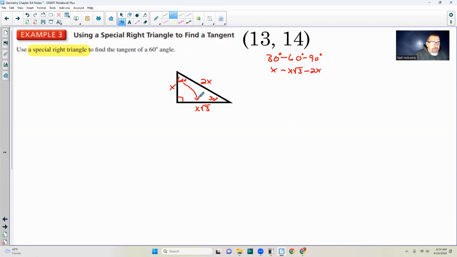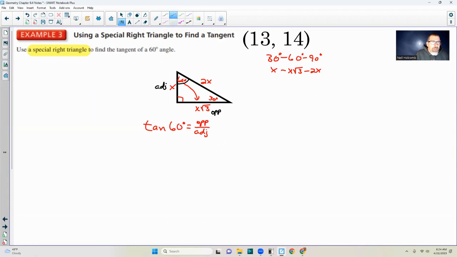The 60-degree angle is right there. So I'm going to say tangent of 60 degrees equals opposite over adjacent. And let's label the diagram. Here's our reference angle. This is opposite over here. This is adjacent over here.